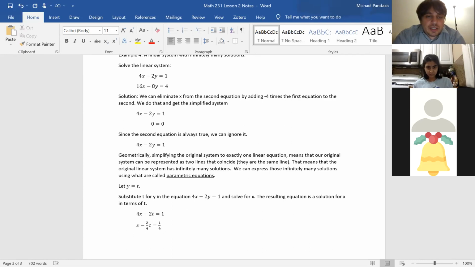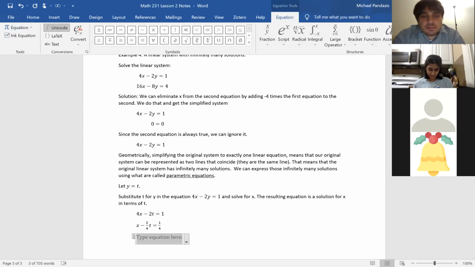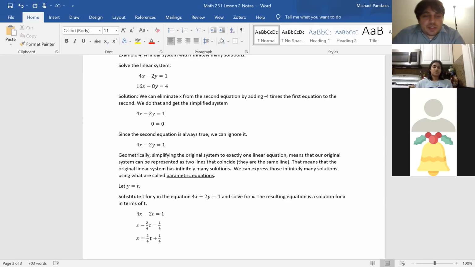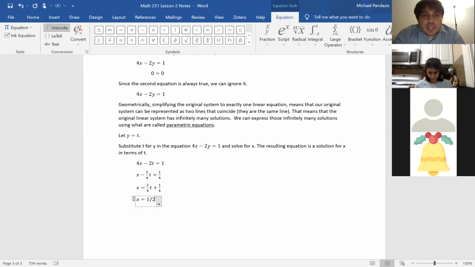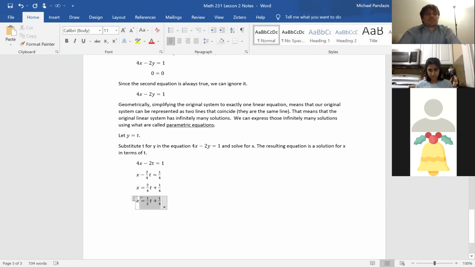And so then add 2/4 t to both sides. You get x is equal to 2/4 t plus 1/4. And 2/4 is 1/2, right? So then that means that x is equal to 1/2 t plus 1/4. And so this is a representation of x in terms of t.